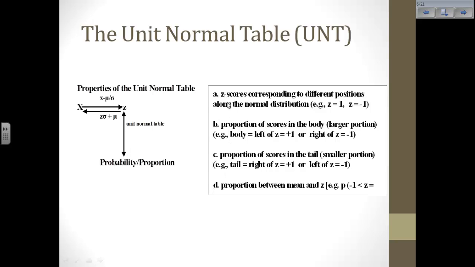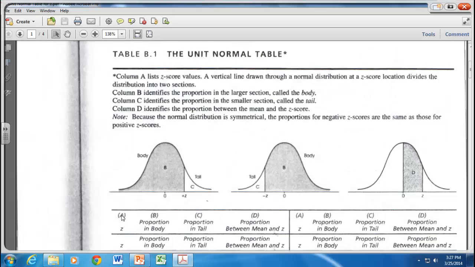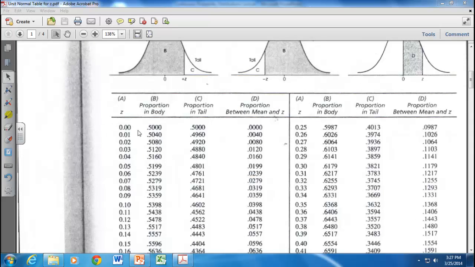And as you'll see here in a little bit, there's 4 different columns in the unit normal table. So column A represents the z-scores, which just correspond to different positions along the normal distribution, so along the x-axis. So if you look at the unit normal table, you'll see that the A column says z, and there's several different z-scores in that column. Then B is the proportion in the body, which is just the larger portion of the graph. And you'll see that that's kind of represented here.